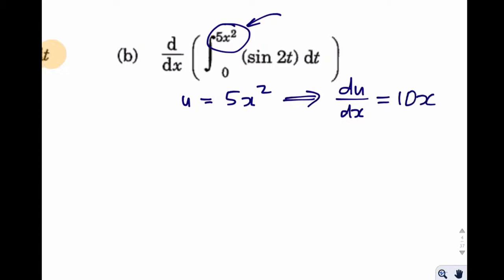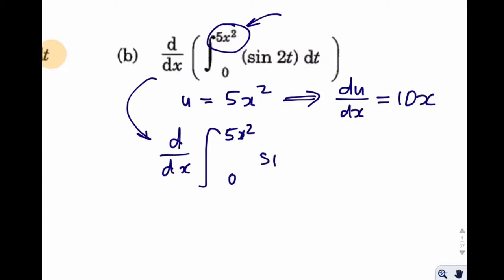So this original thing here is going to become the derivative with respect to x of the integral from 0 to 5x squared of sine 2t dt.